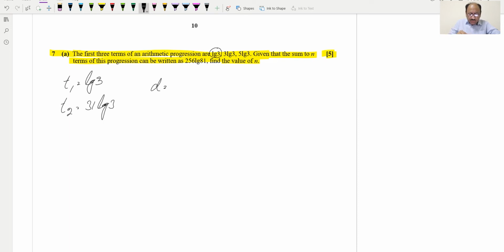So d will be equal to t2 minus t1, and this will be 3 log 3 minus log 3, and this will be 2 log 3.